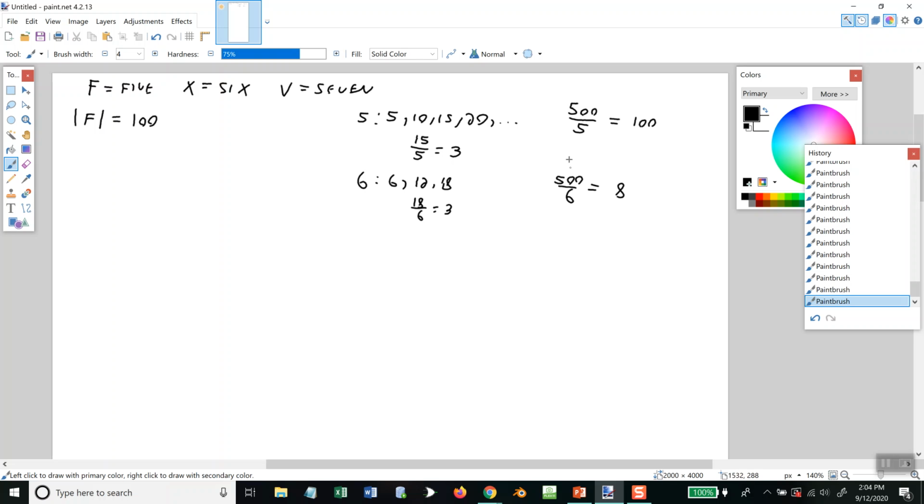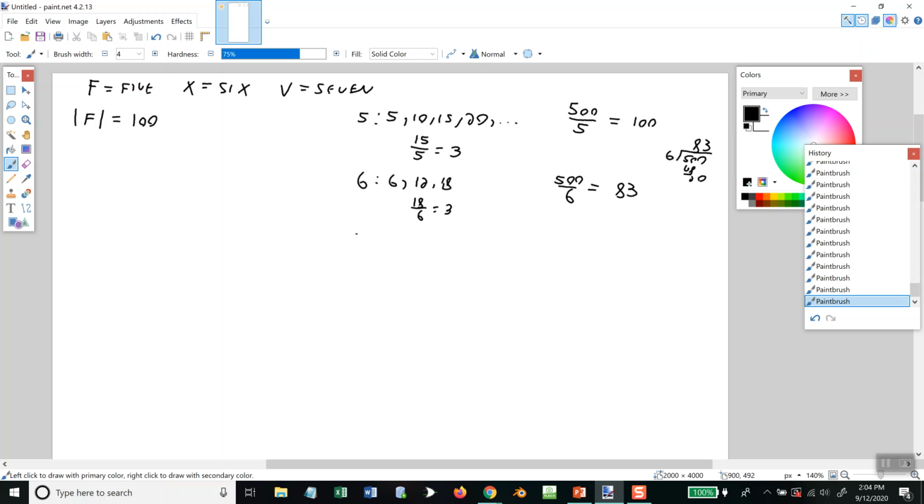Let's see, that goes in there 83 times, 6 times 83 is 498, and we get decimals, but you want to drop off the decimals because you always want to round down, because if you round up, that's a number past 500.